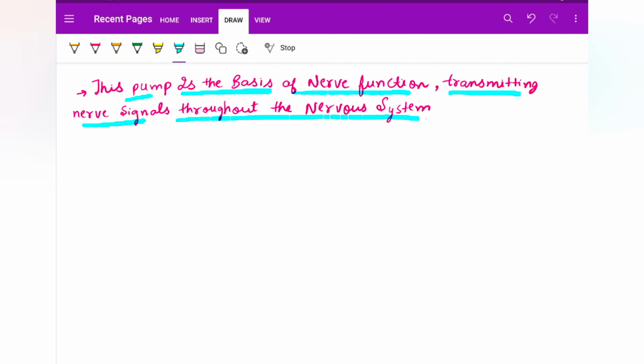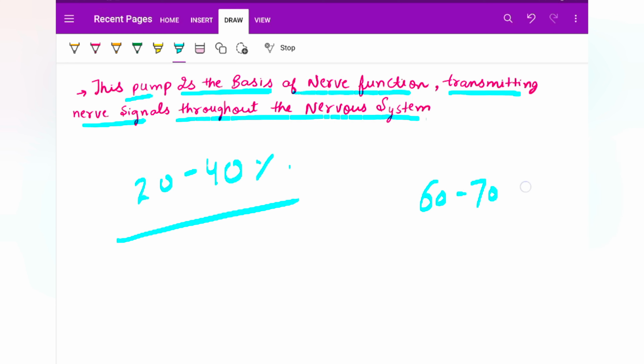Let me give you an estimate. Near about 20 to 40% of brain energy consumption is just due to the activity of this pump. Not just this, in some electrically active nerve cells, 60 to 70% of energy is devoted to this pump. So from this you can get an idea how important this is.